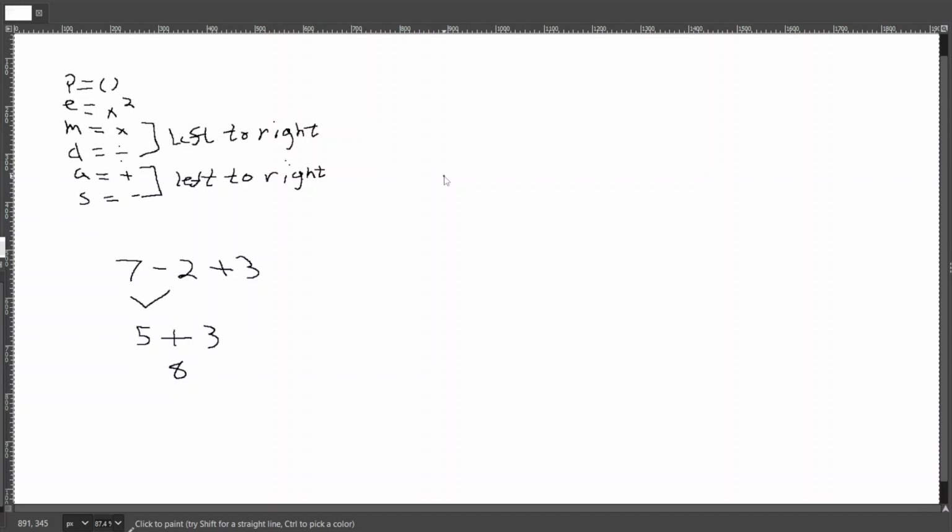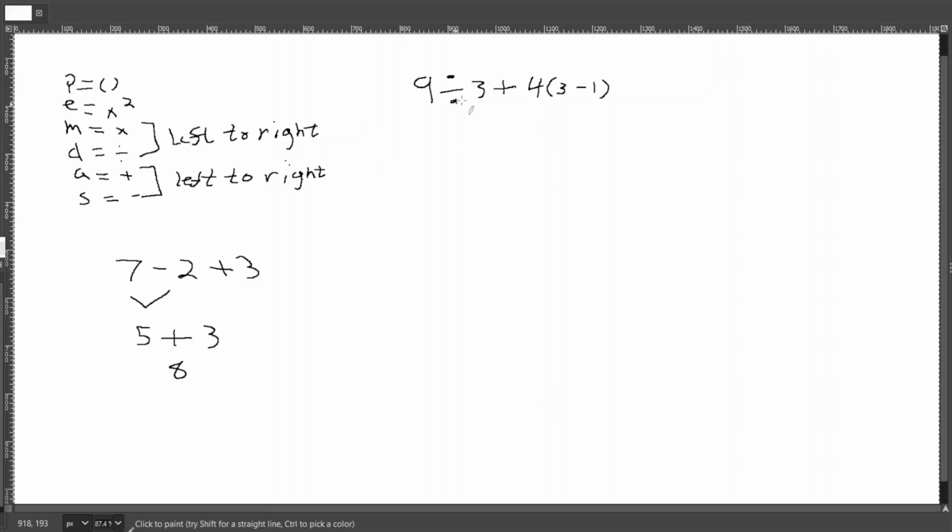So now let's try something a little bit spicier. Give me a minute to come up with something. Okay, let's say we had 9 divided by 3 plus 4, and then that was in a parentheses, and let's say maybe 3 minus 1.